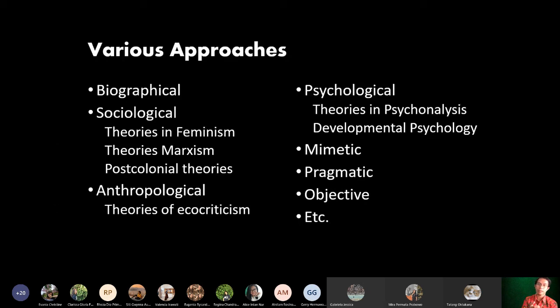And method is a set of procedures to gather your data and analyze the data. And paradigm is the way you see the entire project of literary criticism. In literary criticism, the paradigm is to understand literary work as a cultural symptom, but it is produced through imagination and creativity. So these are what I wanted to tell you earlier.